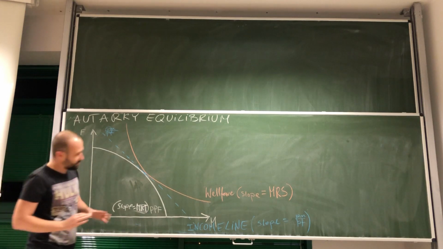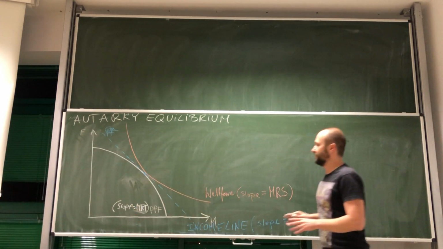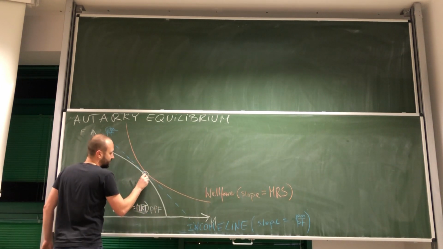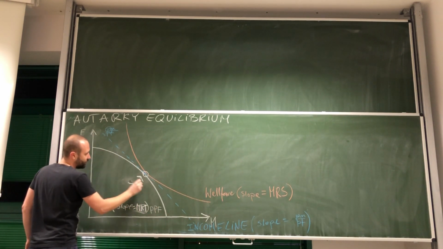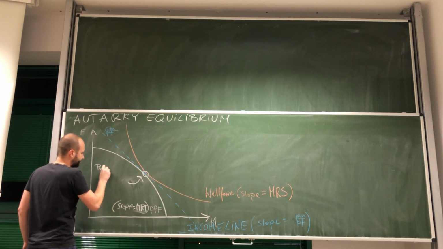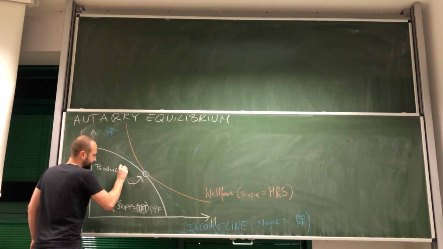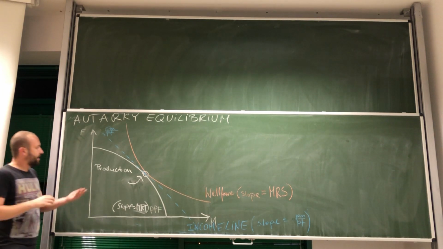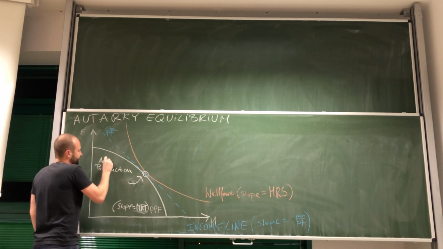So look, what we are getting out of this is that, on one hand, at this point we have production equilibrium. So here we will have autarky production.